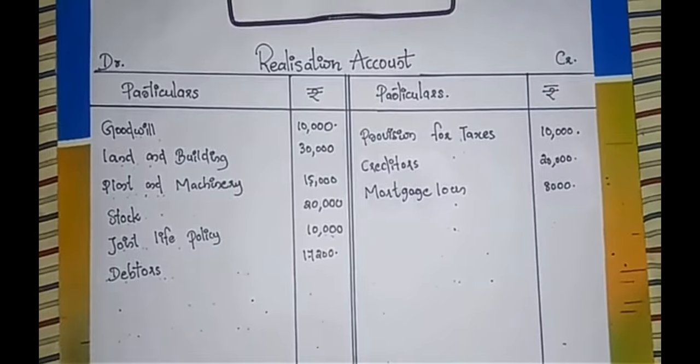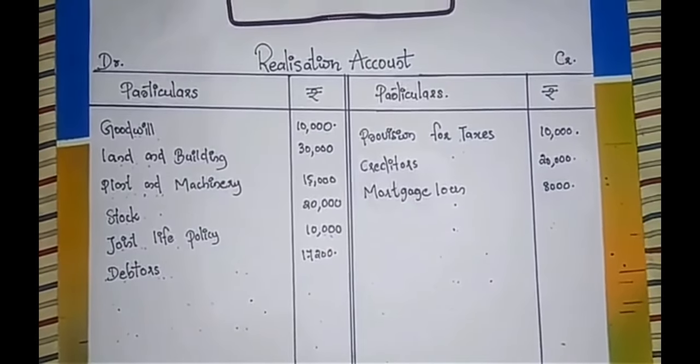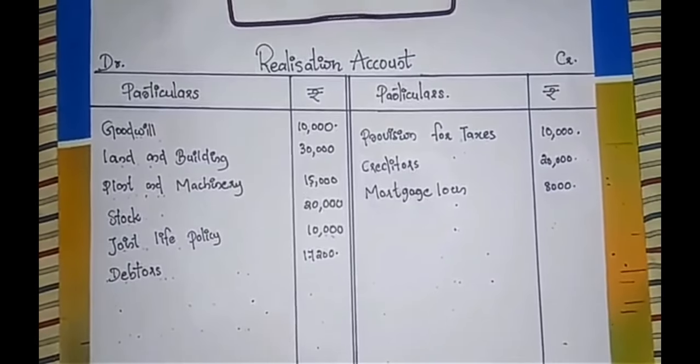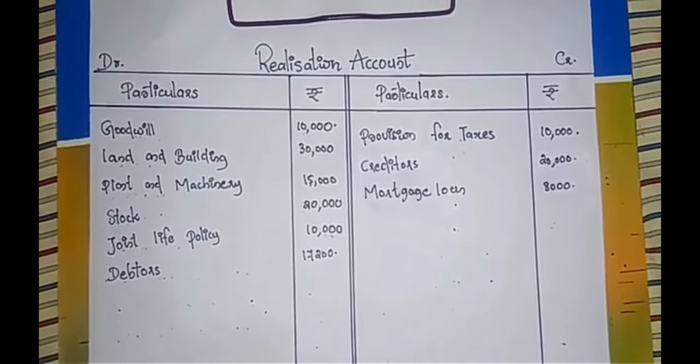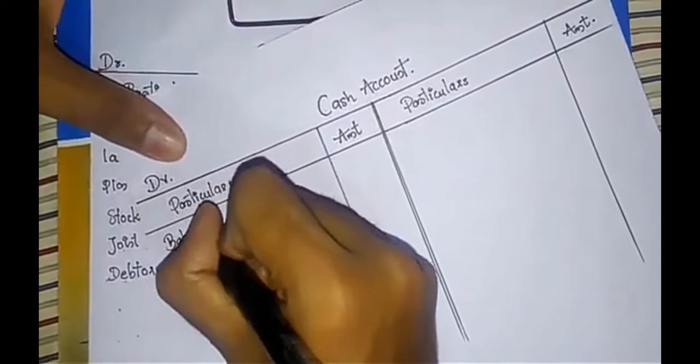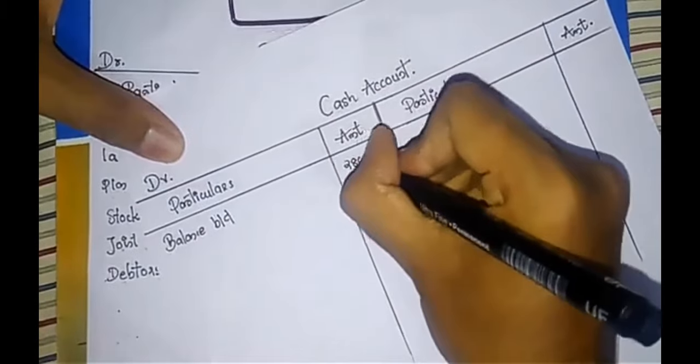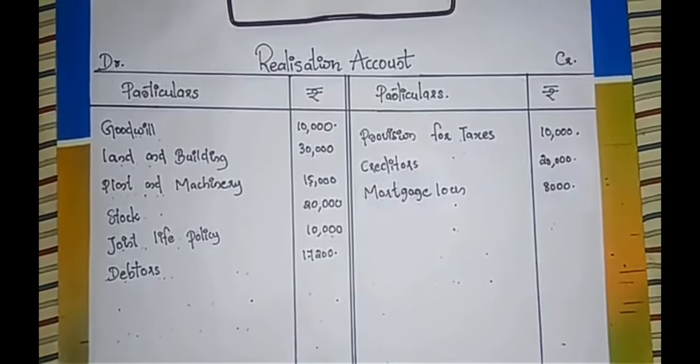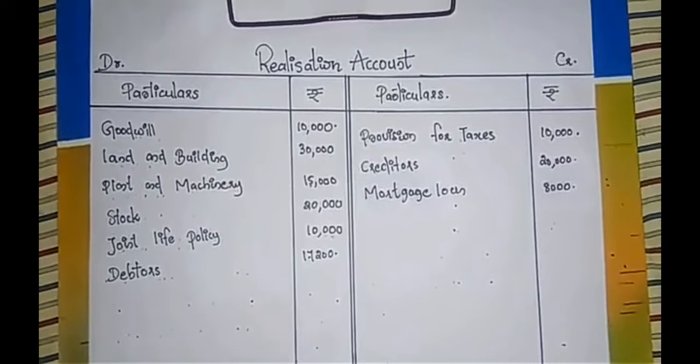In the asset side of the balance sheet, there is cash at bank rupees 2,800. So we have to write that in the cash account as balance brought down in the debit side, 2,800. And in the liability side, the capitals of Asha is rupees 20,000, Manisha is rupees 15,000 and Nisha is 20,000.